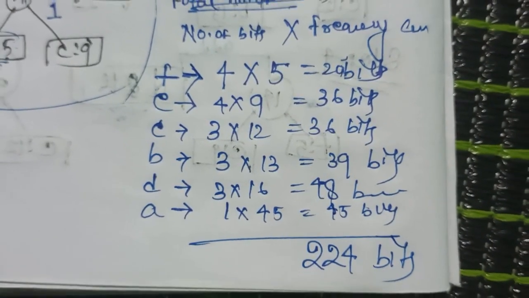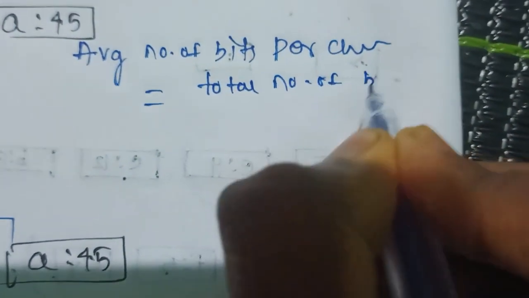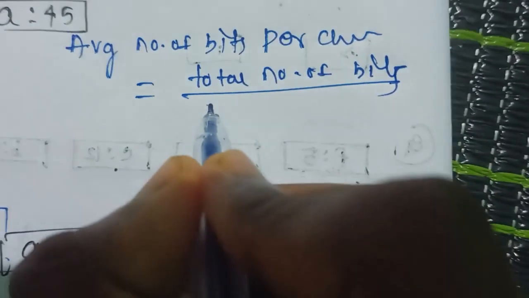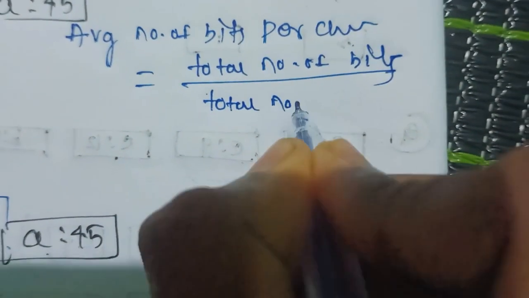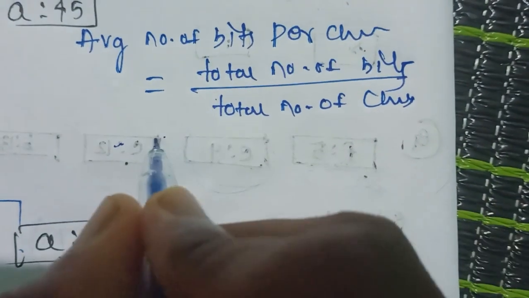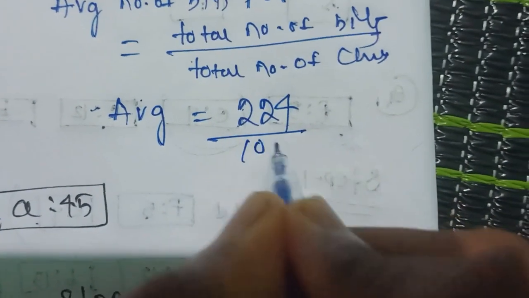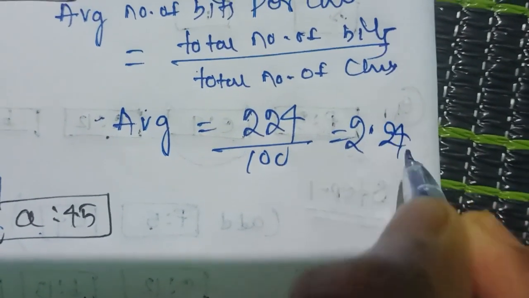Clear? And the next formula is average number of bits per character. Average number of bits per character equals total number of bits divided by total number of characters including frequency count. So here the average is 224 by 100 equals 2.24 bits.